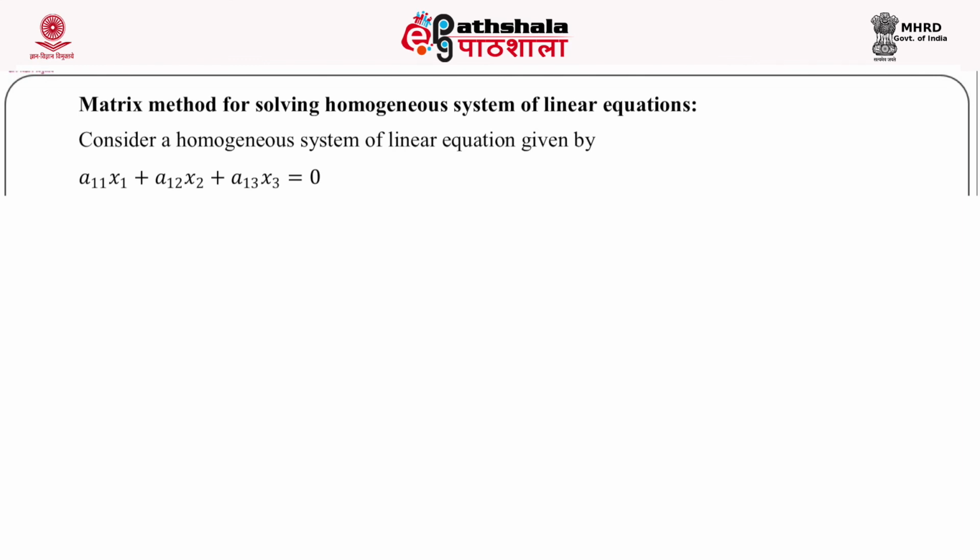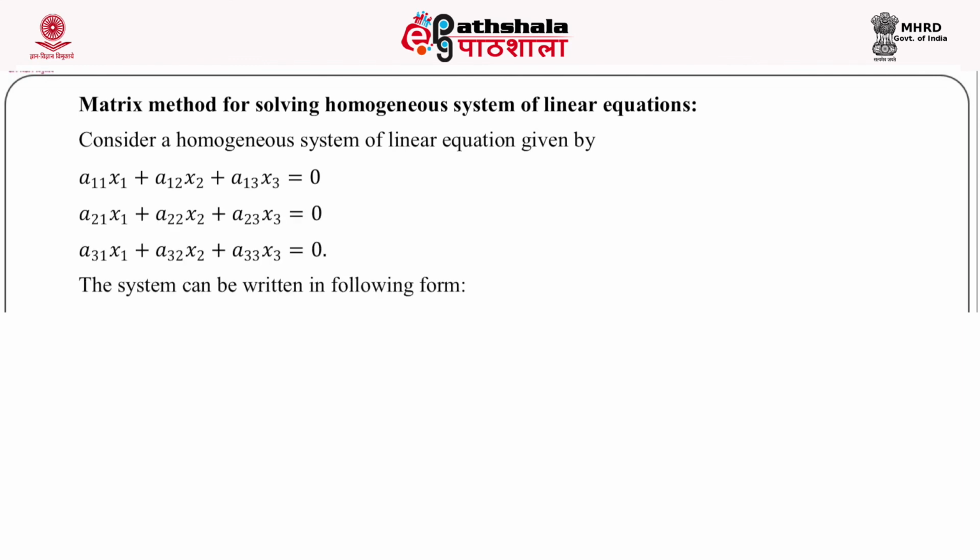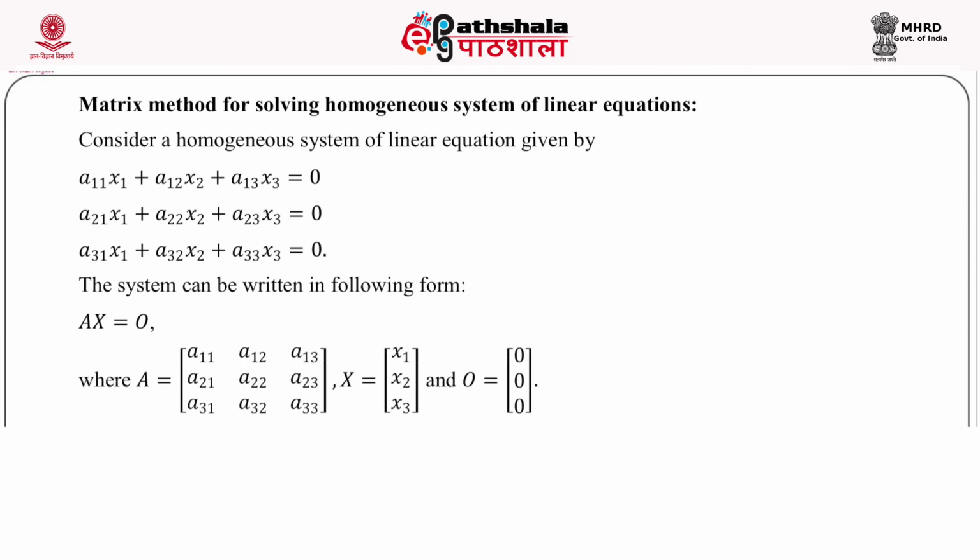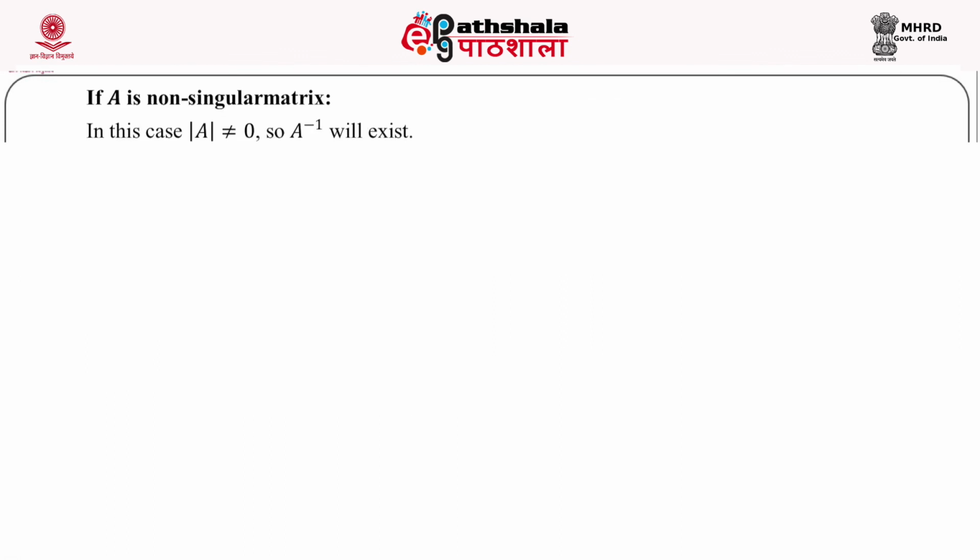Now again let us find the solution of the given system of two equations. X dash is given by A dash inverse into B dash. So substituting the values of A dash inverse and B dash and simplifying, we have this solution. So x will be given by 5 by 3 and y is k minus 4 by 3, and z we have already assumed that is equal to k.